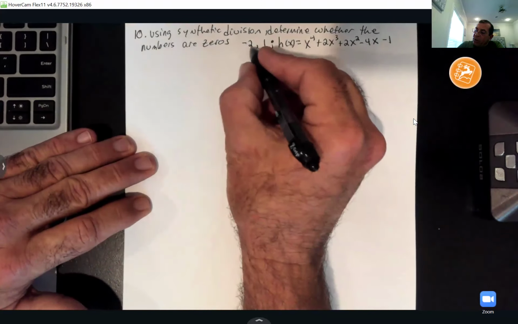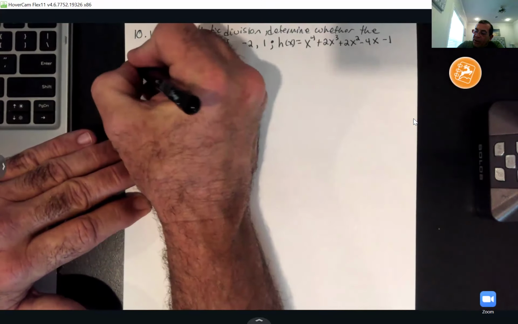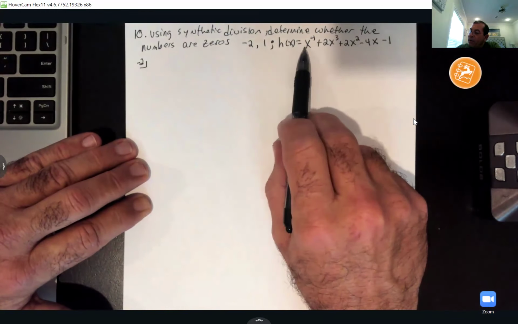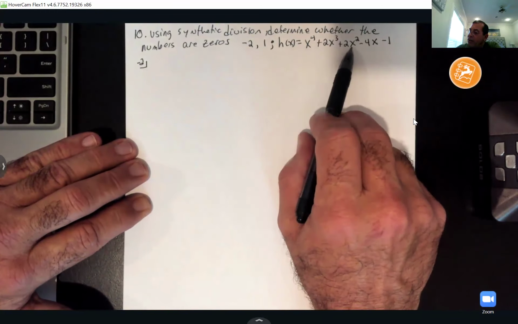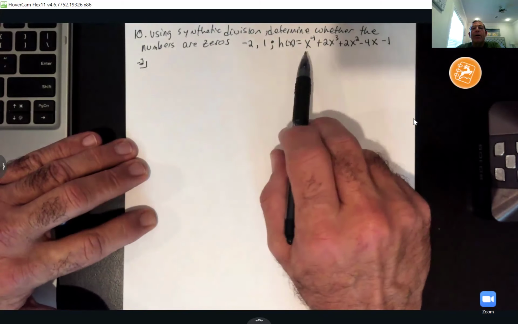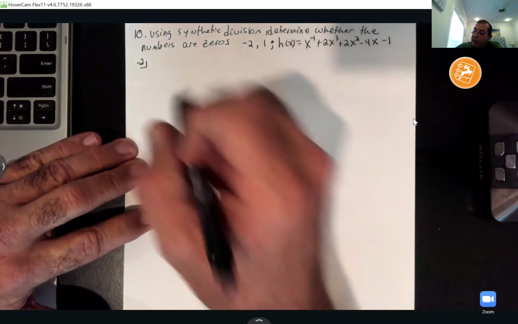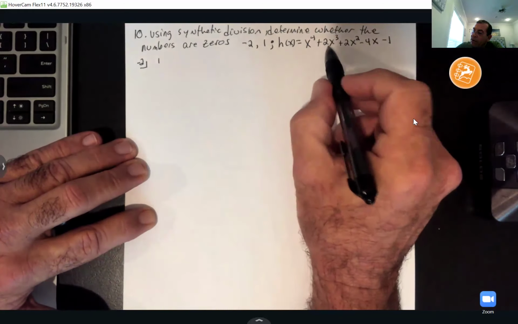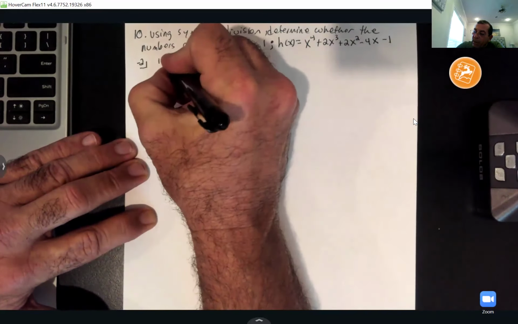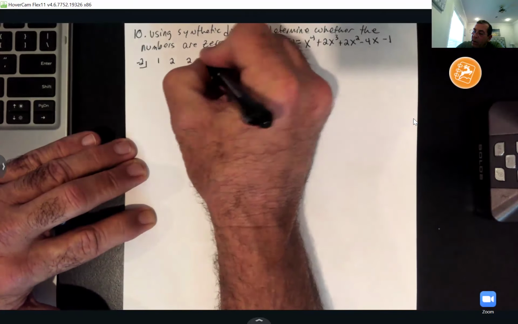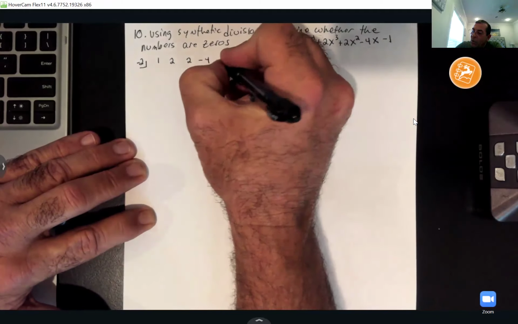So we're going to start with the -2. So let's see our coefficients, x4, x3, x2, x in our number. Everything's here. So we write our coefficients, which will be a 1, 2, 2, -4, and -1.